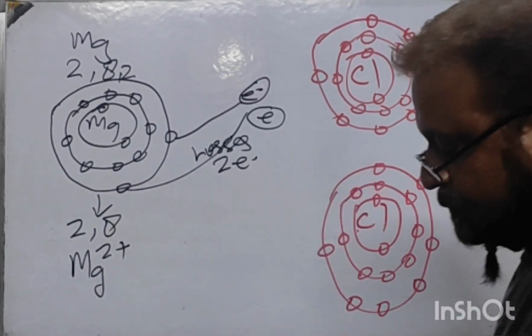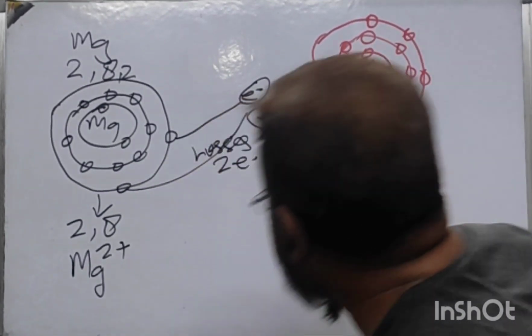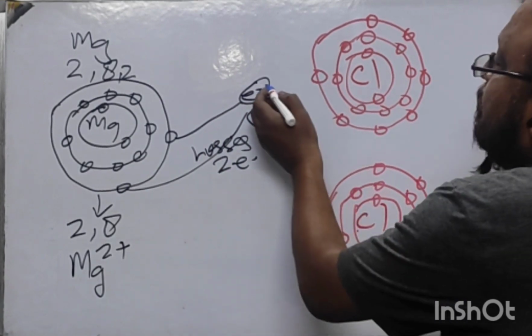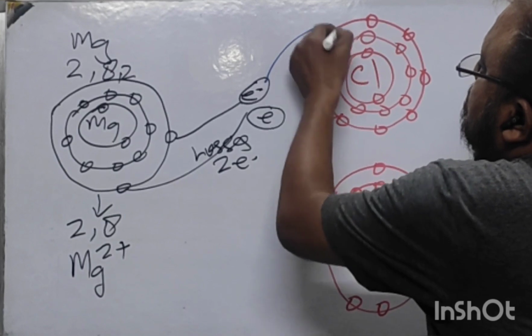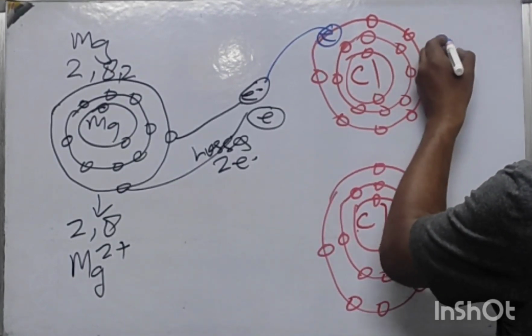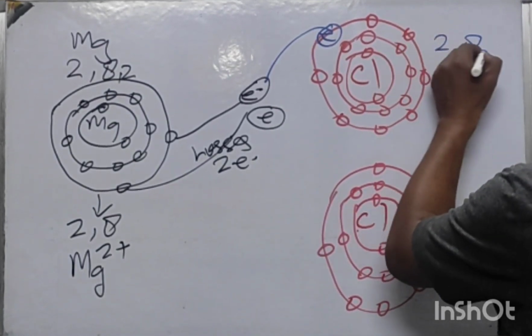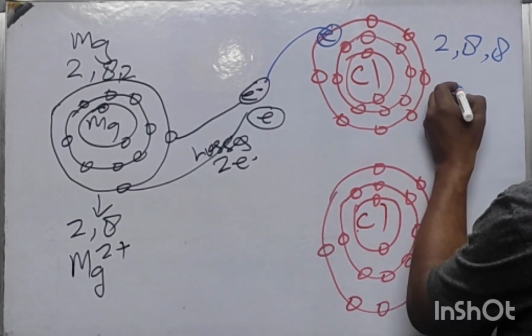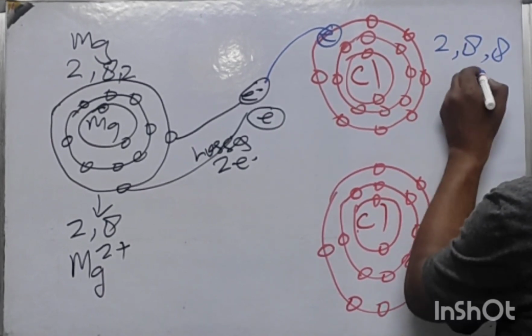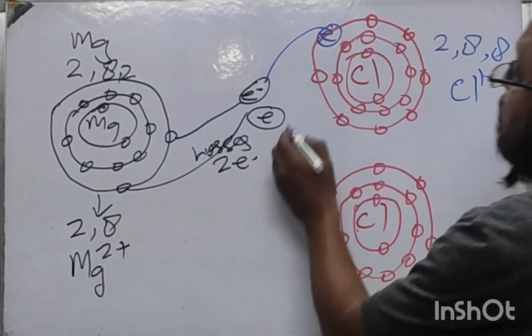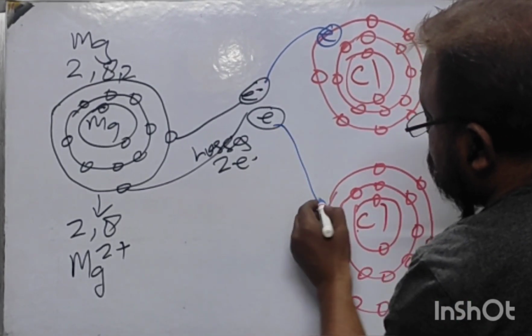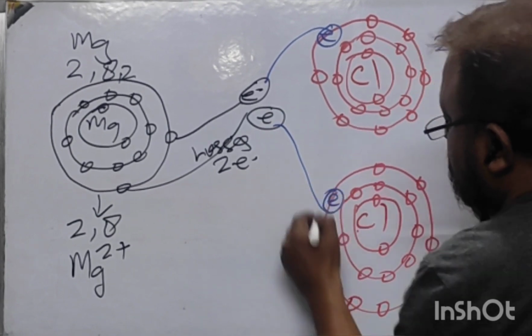Now what happens? It takes 1 electron and gets the configuration 2, 8, 8, and it is getting Cl1 minus, right? And similarly, this electron goes to here and it becomes stable.